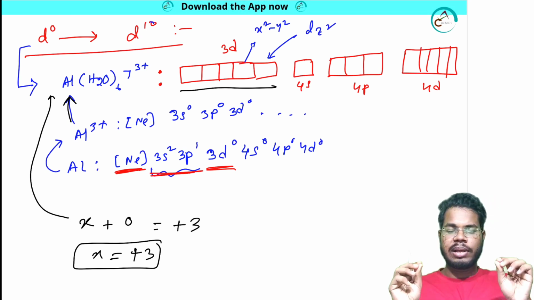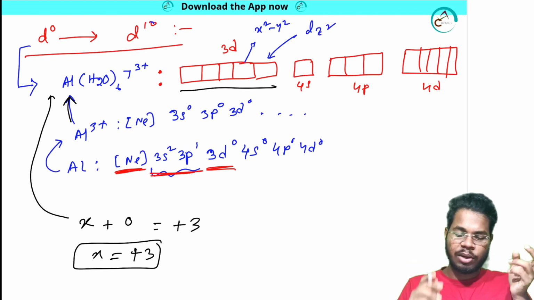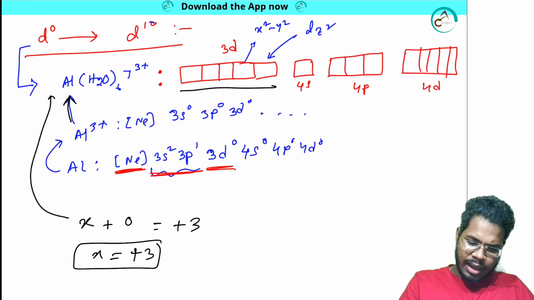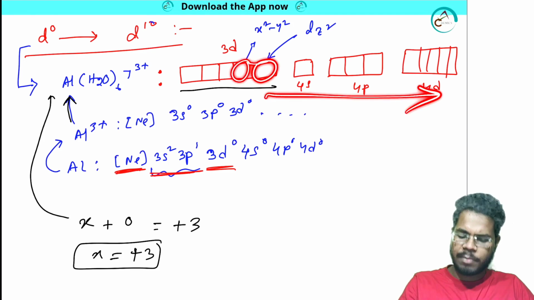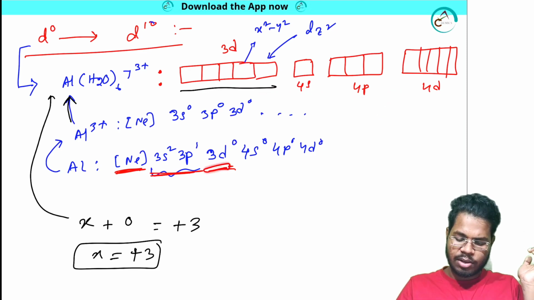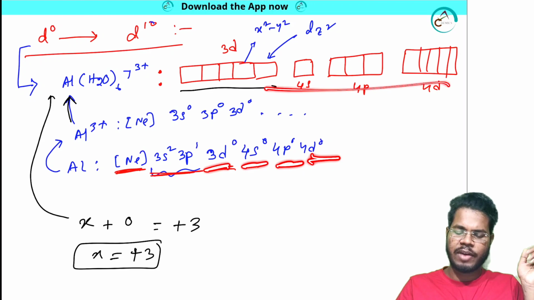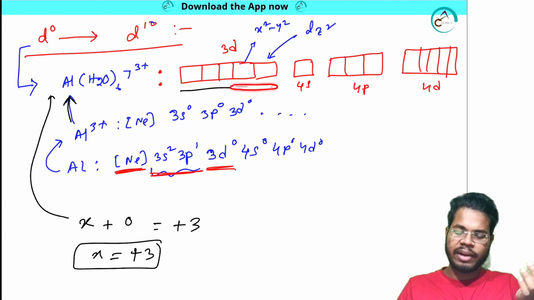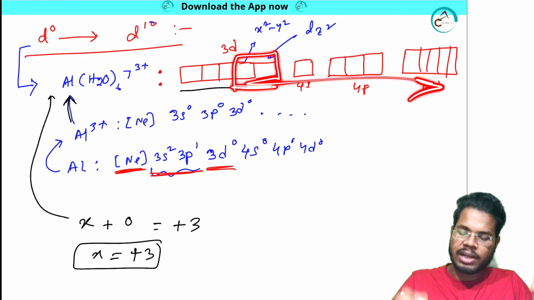Okay, so the metal and ligand will interact only with these orbitals. That means these orbitals and these orbitals are present. Of course, these orbitals are vacant for the metal also, because I have shown you that 3d0, 4s0, 4p0, 4d0 are all vacant. So the ligand can come and start interacting, from d orbital to higher energy orbitals.